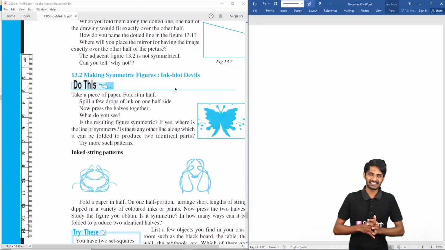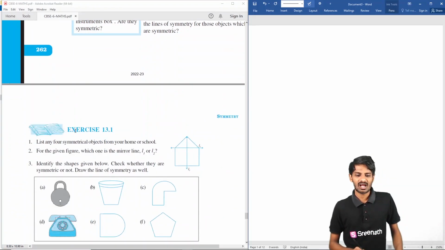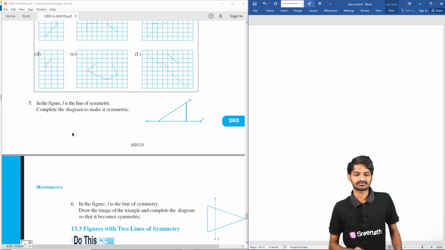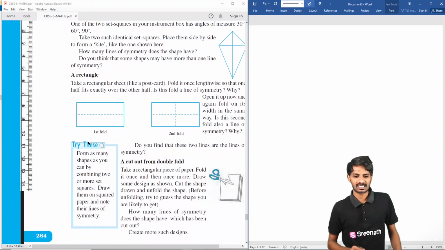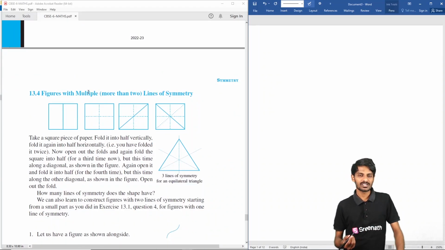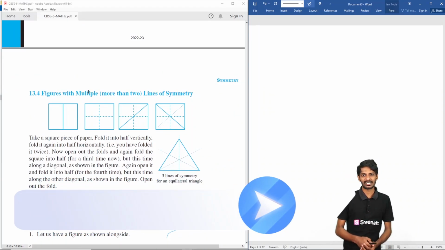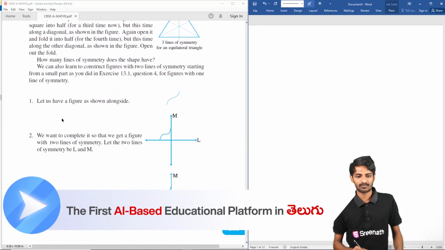Are you frightened because of the word devils? Don't worry friends, no devils will come to you. After that, figures with two lines of symmetry, and figures with multiple, which means more than two lines of symmetry, how to draw them, how to cut them, we are going to discuss here.